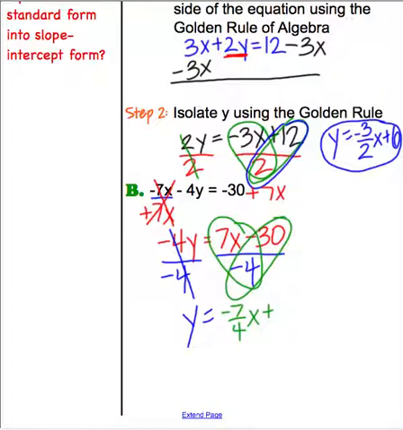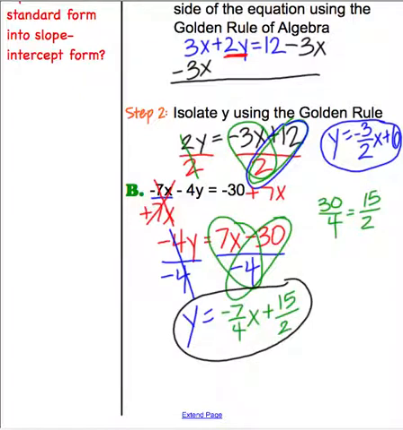You can leave it as taking 30 over 4, but we need to simplify that down to 15 over 2. So you can leave it as 15 over 2. If you'd like to turn that into 7.5, you can do so. And y equals negative 7/4 x plus 15 halves would be your answer in slope-intercept form.